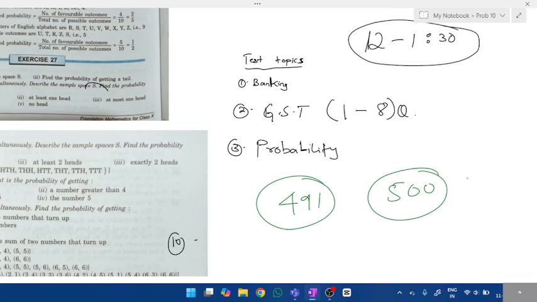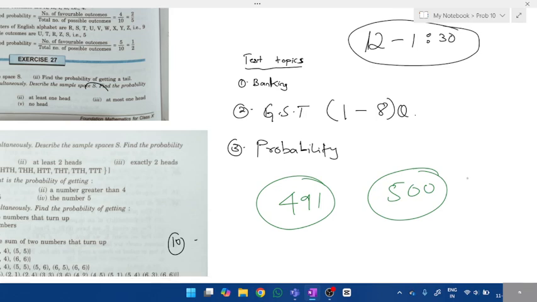Page number 500 and probability. Probability is on page number 526. Students, you don't need 100 students have scored less than.